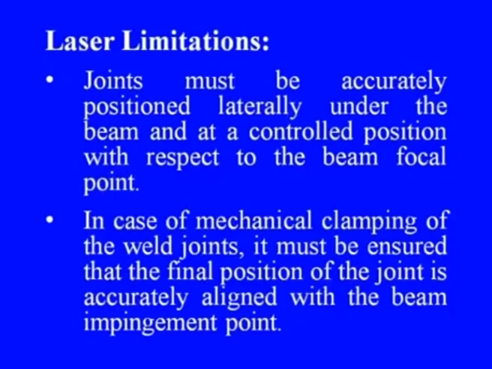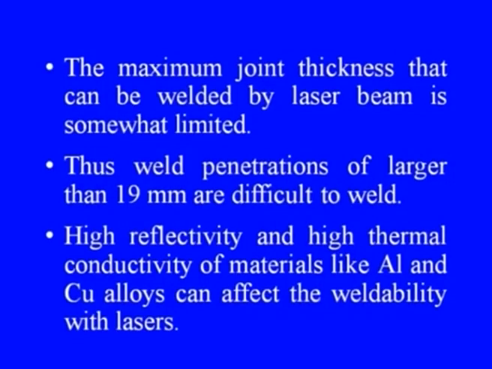In case of mechanical clamping of the weld joints, it must be ensured that the final position of the joint is accurately aligned with the beam impingement point. The maximum joint thickness that can be welded by laser beam is somewhat limited. Weld penetrations larger than 19 millimeter are difficult to weld.